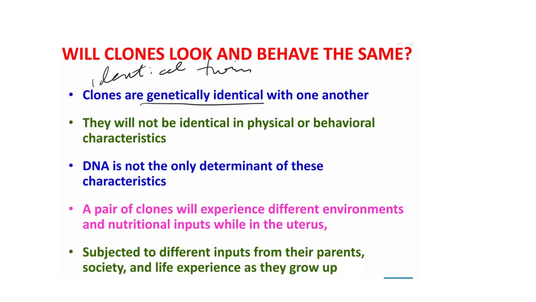And of course, behaviorally, your environment shapes how you form psychologically. So clones aren't necessarily going to think and act the same way as each other, especially if they're in different environments.